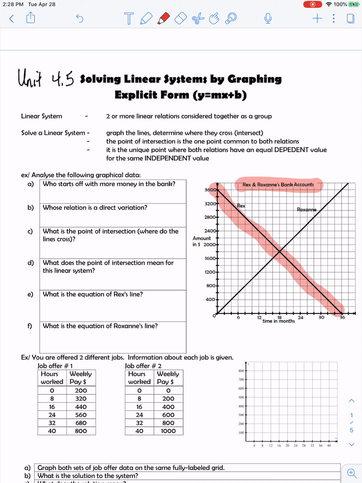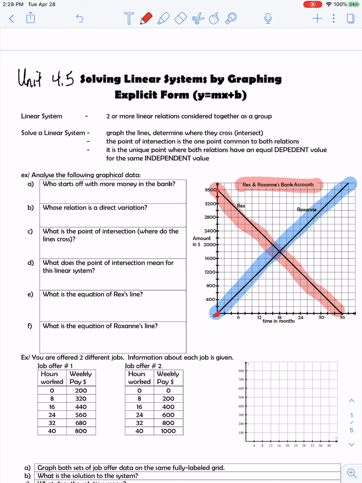It looks like Roxanne started out with no money in her bank account, and she has been putting money in, going up at a steady rate. Rex, on the other hand, started out with $3,600 in his bank account, and at a steady rate, Rex has been taking money out of his account.